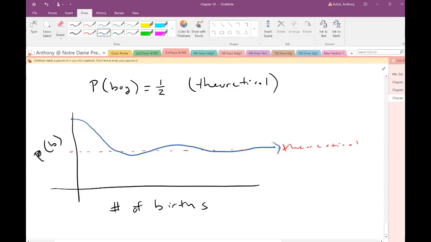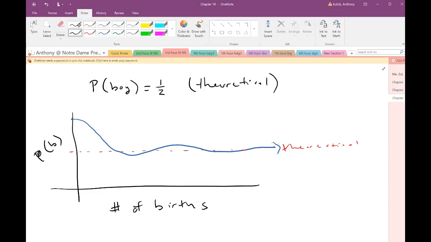Notice that at times it could bounce above or below the theoretical. It could get worse for a little while, but come back down, or it could get better for a little while, but diverge a little bit away. But typically, as the number of births increases, the closer you get to, or approach, that theoretical.